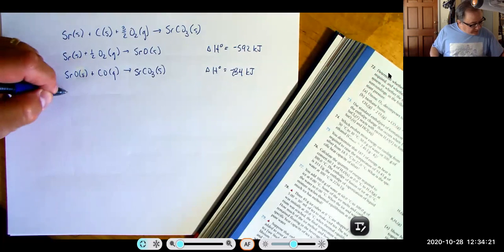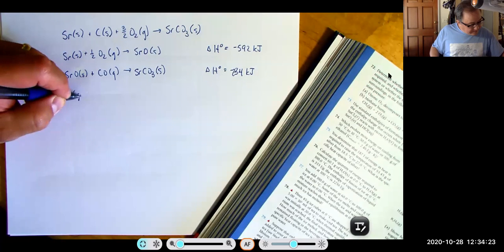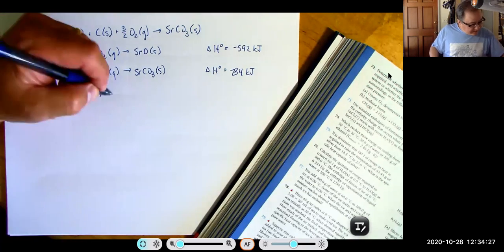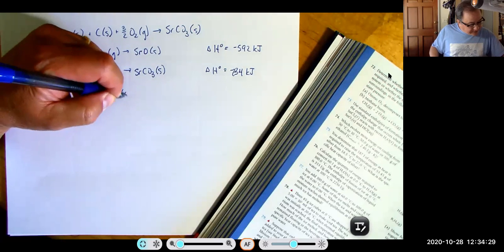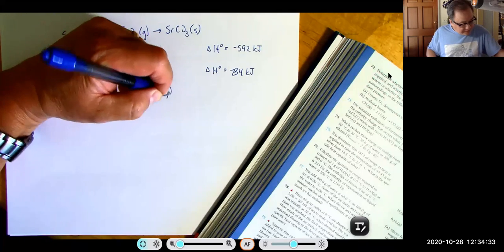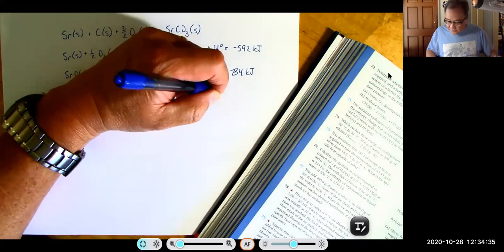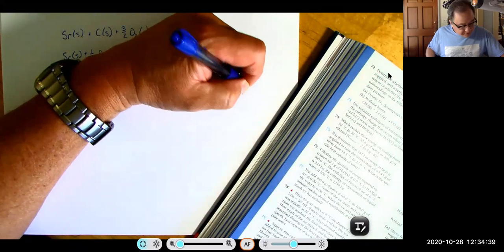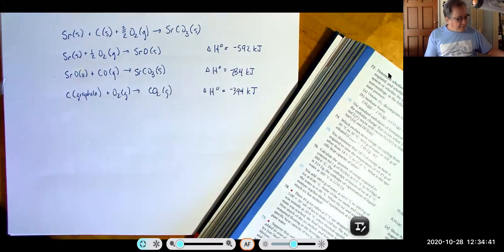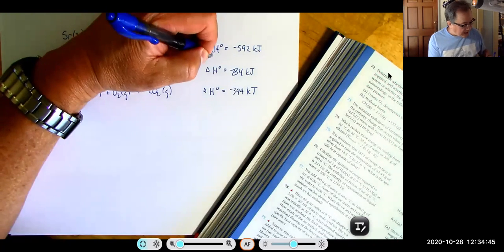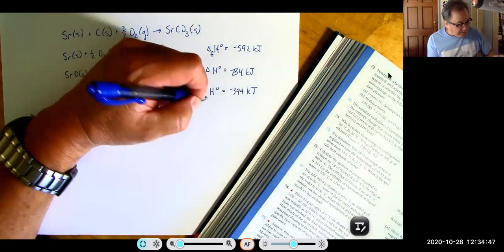And they give us this one here, graphite, which is a solid, plus O2 gas gives you CO2 gas. And the enthalpy of this reaction is minus 394 kilojoules. Now, of these four reactions, this one is a formation reaction, and this one is a formation reaction.